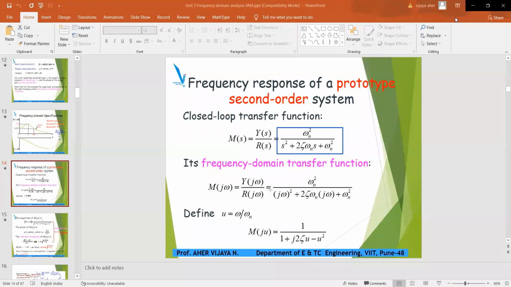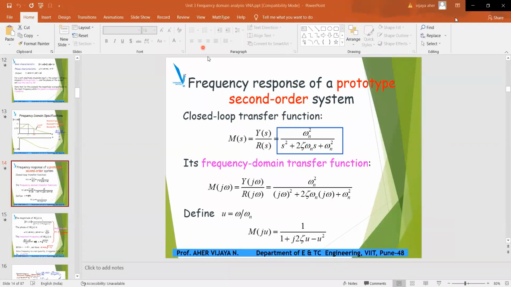So the frequency domain transfer function is equal to omega n square as it is. Just put j omega instead of s. So omega n square divided by j omega square plus 2 zeta omega n as it is, replace s by j omega, in brackets j omega, plus omega n square.